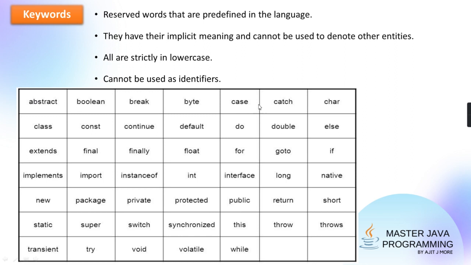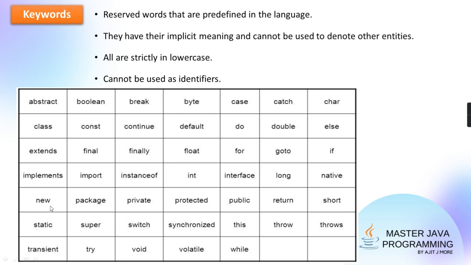These are 49 and 2 less, we can say 47. And there are 3 more which I have not shown here: null, true and false. If I add those 3 to this 47, how much? 50. And a few more were added in later versions, which we'll see later.